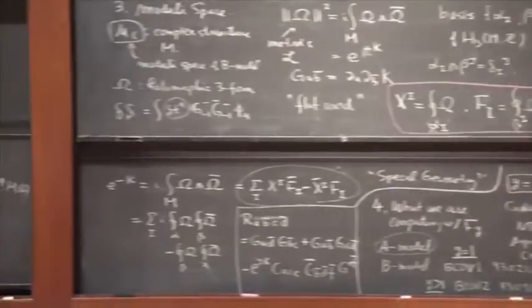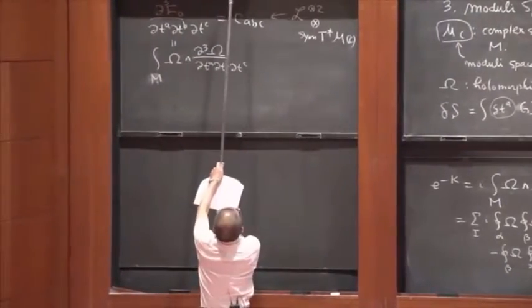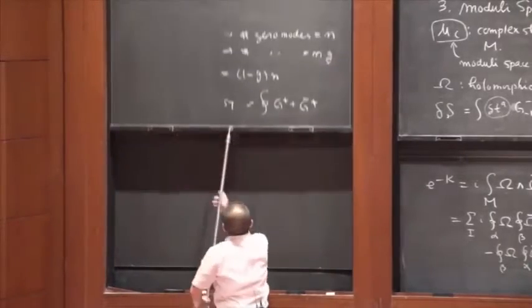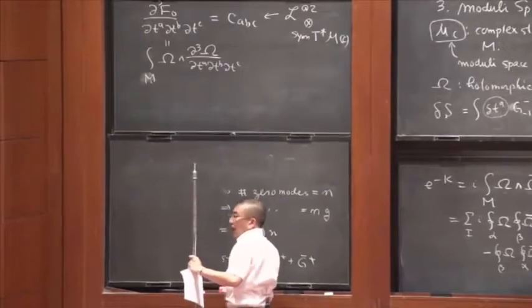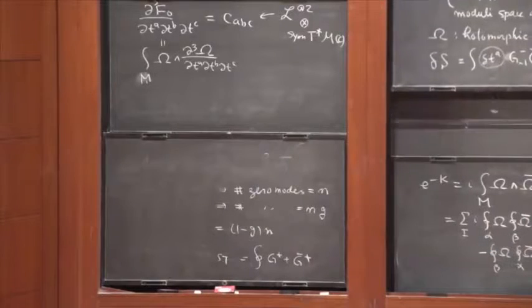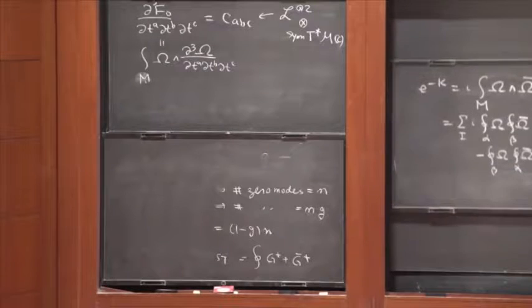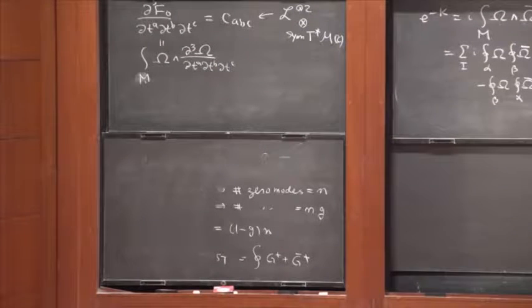In the case of the A model, the answer can get quantum corrections. The kind of quantum corrections we would get are the instanton corrections. The reason for that, which I already mentioned yesterday, is that the answer should still be almost holomorphic in the target space.